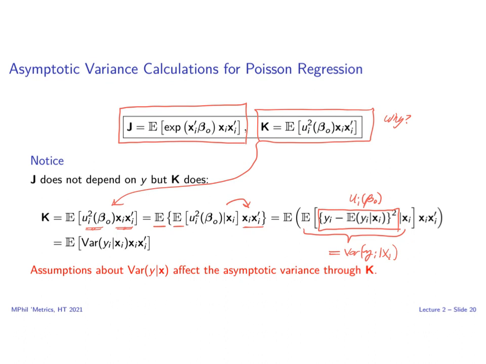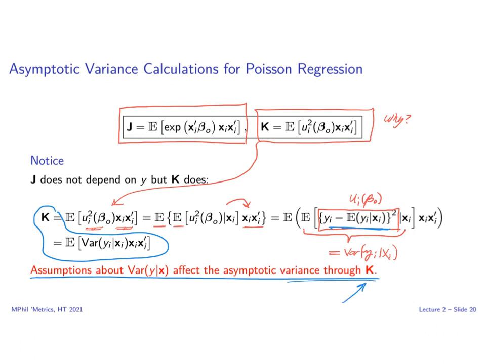That was a mouthful, but it's what I've underlined here. So what this shows us, given that J does not depend on y but K does, is that different assumptions we might care to impose about the conditional variance of y given x will affect the asymptotic variance of the Poisson regression estimator through their effect on K.